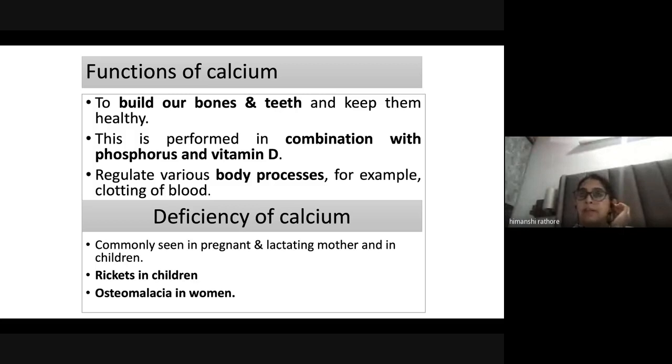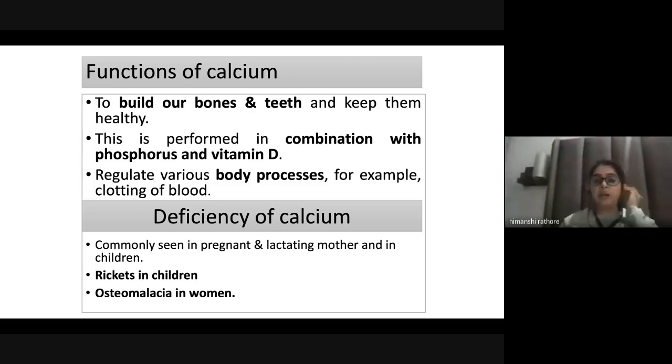Then there is a second condition which we discussed in the case of vitamin D deficiency also. There is a disease called osteomalacia in women. In this condition, bones become weak and they crack easily. There is high knee joint pain, and women have difficulty in walking, and they are unable to hold their body weight for a longer time.